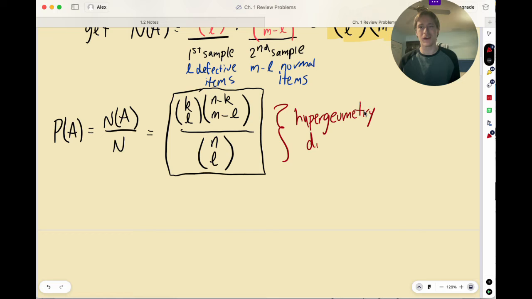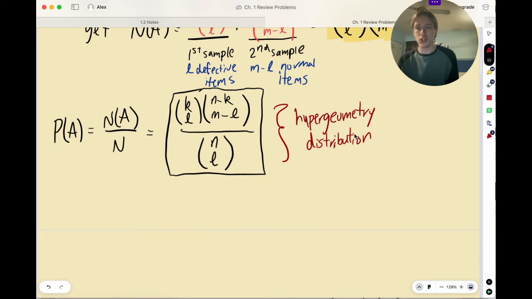Now, we didn't really talk about a lot of distributions. We'll get into a couple of them in a future chapter, but the idea behind a distribution is that for trials that are done in a predictable way, you can say a lot about those kinds of trials.